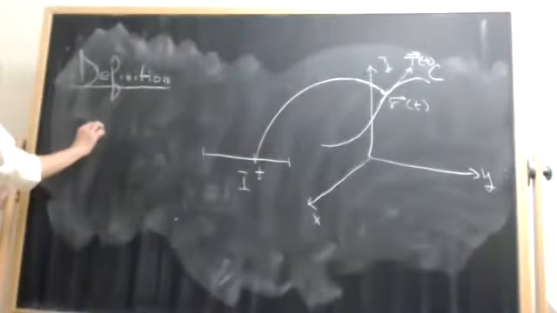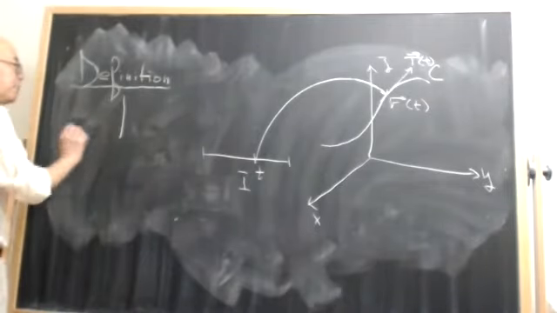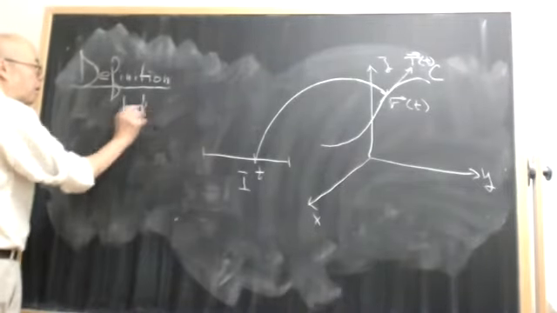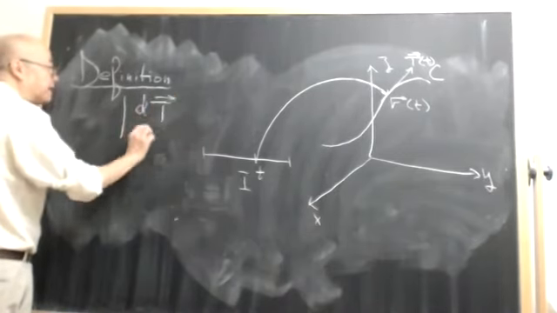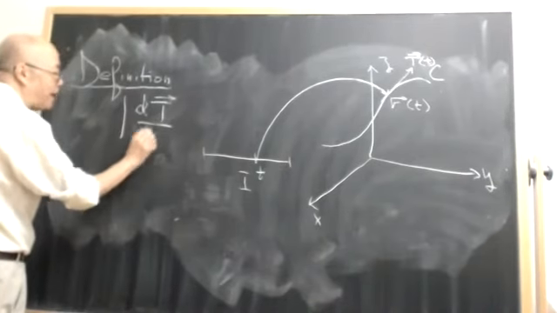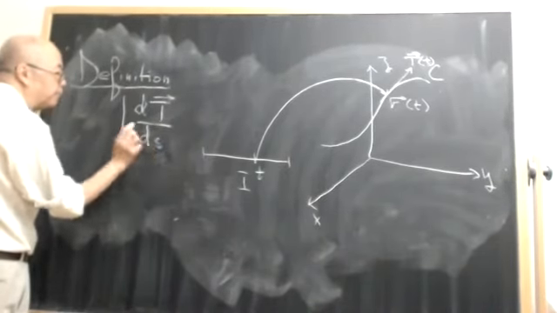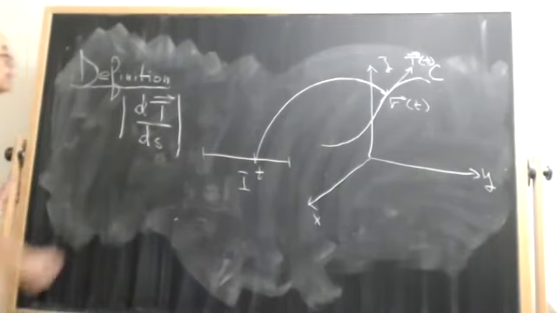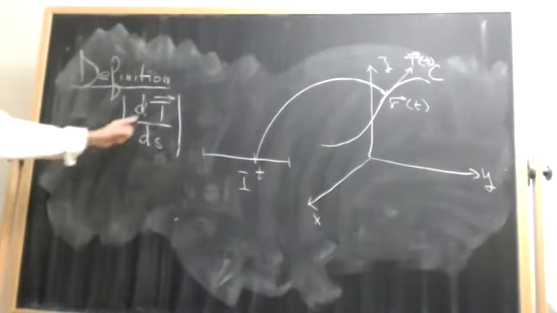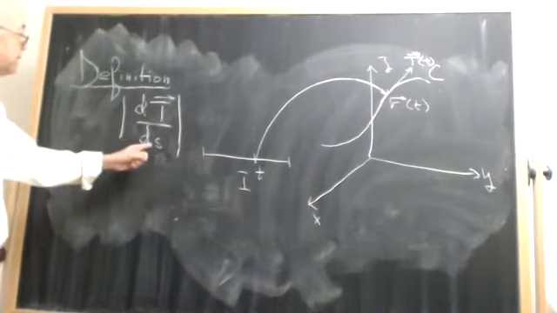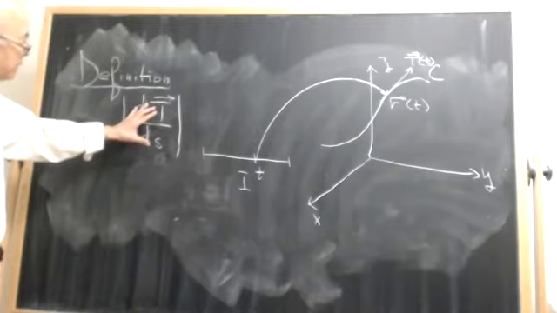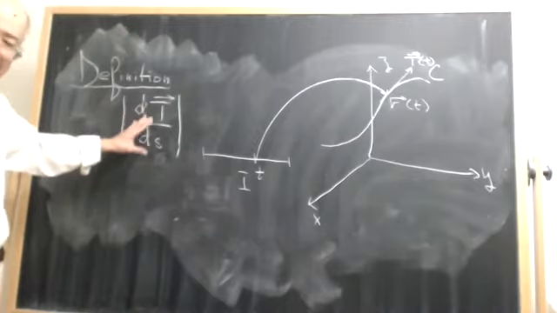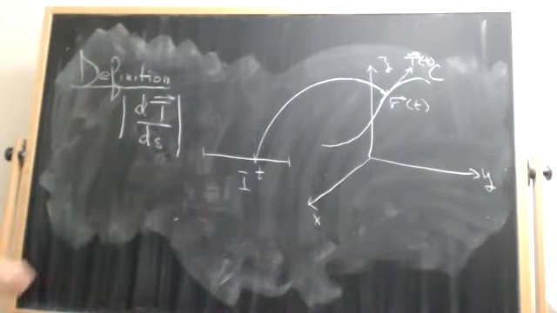So I am going to look at the magnitude of the derivative of the unit tangent vector with respect to arc length. This is a vector. This is a scalar. So the whole thing is a vector. And we are going to look at its length. And we call this length kappa.